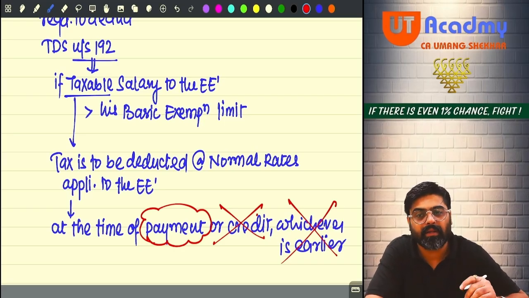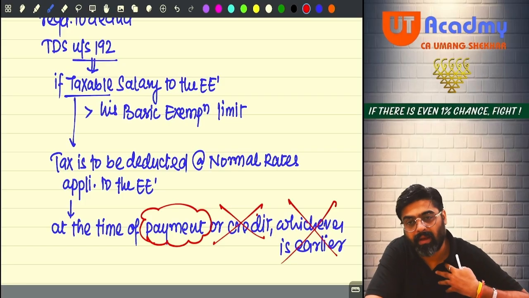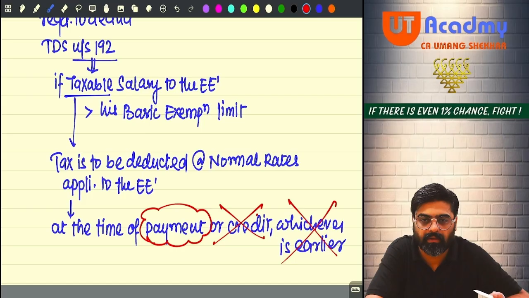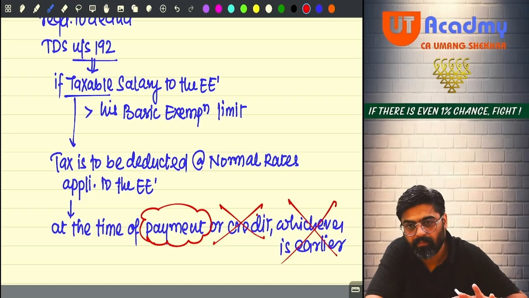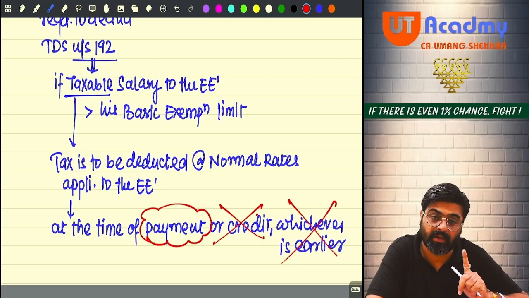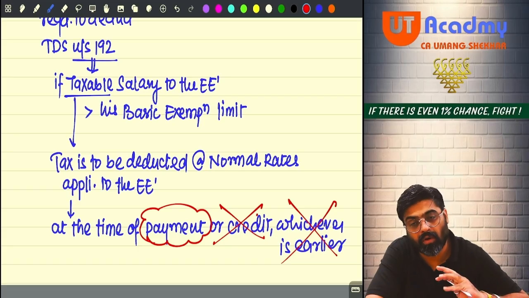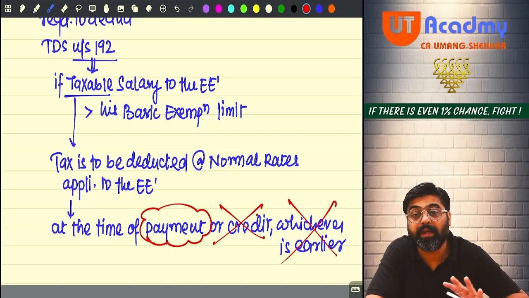What did I say? At the time of payment or credit, whichever happens earlier. Meaning that in my books, whenever I give the credit, or when I make the payment of that expense, whichever happens earlier, at that time I have to deduct TDS for all the payments which are given in the TDS chapter.